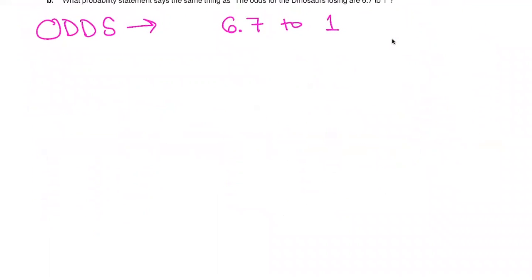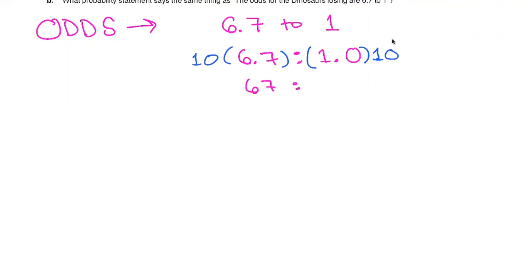So, when we're doing odds, we only want whole numbers. Right now, we have 6.7 being compared to 1.0. What am I going to do? I'm going to multiply both sides of this odds by 10 so that that factor shifts the decimal place over 1. And now I have 67 to 10 because odds should be whole numbers.